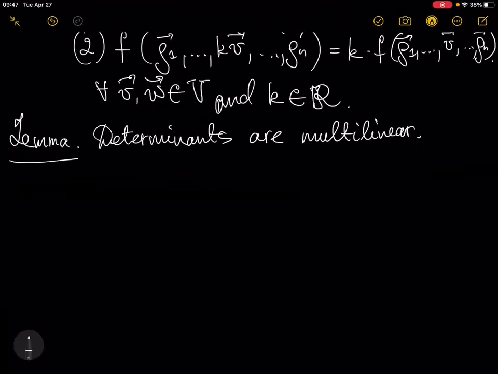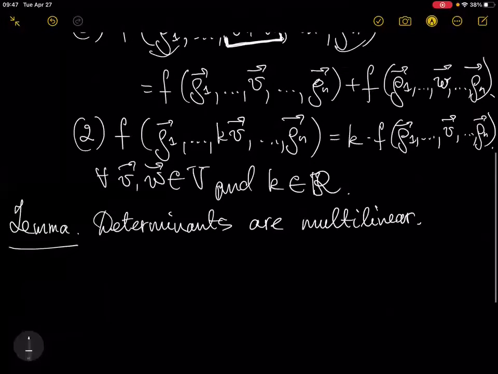So pay attention. In order to prove that determinants are multilinear, this is already in the definition of the determinants, right? When we apply elementary row operation number 2, multiplication of a row by a scalar, pay attention, in the definition of the determinants, it's not required that the scalar is non-zero.